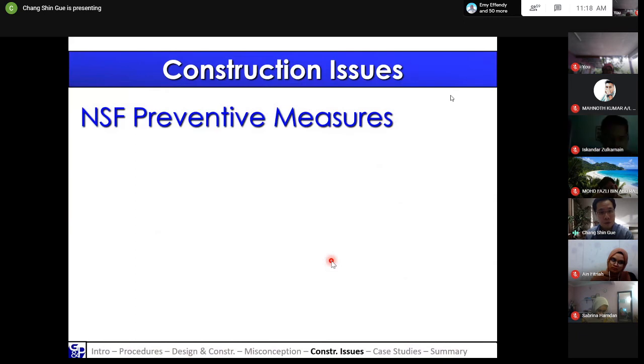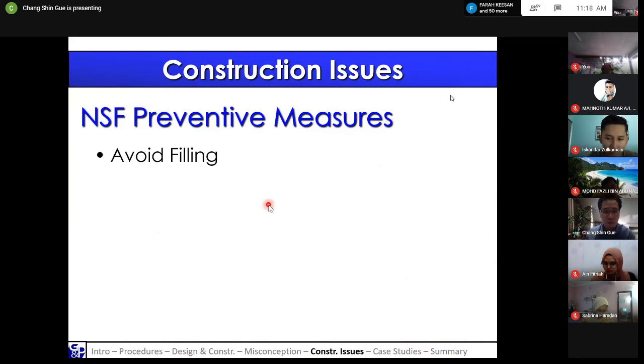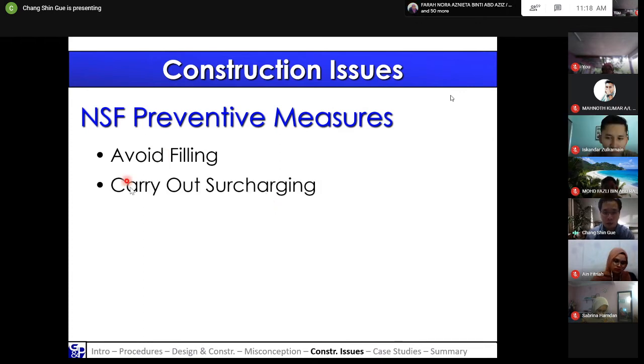So to prevent negative skin friction, what you can do is try to avoid filling as much as possible if you are dealing with soft ground. And we carry out surcharging, which is ground treatment. Basically, you're adding load before you put in your building, so you allow the soft ground to settle, to consolidate first, and then you remove the surcharge load, so that the ground has actually experienced the settlement. So later on, when you put in the load from the building, it will not settle.